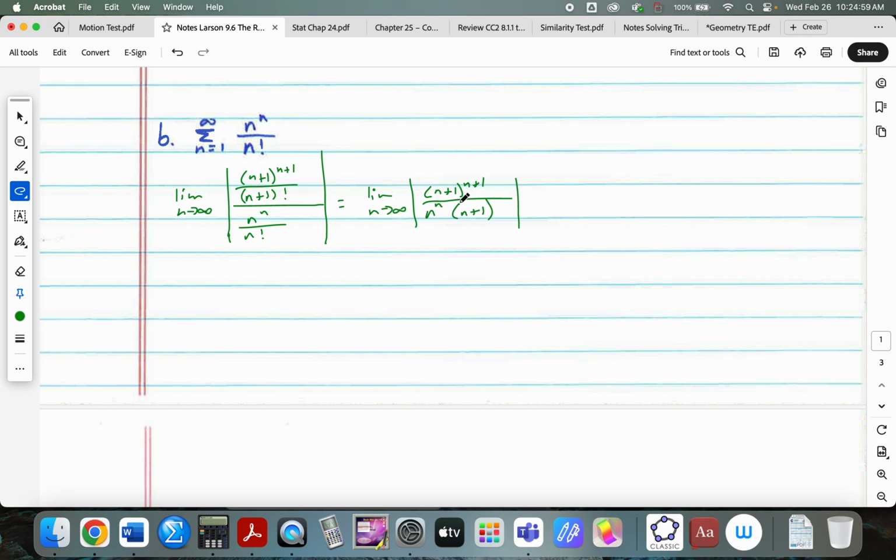Notice n plus 1 to the n plus 1 divided by n plus 1. You're like, okay. That would be like 5 to the 5th divided by 5, right? What is that going to be? 5 to the 4. Right. So it's still n plus 1. The base didn't change.